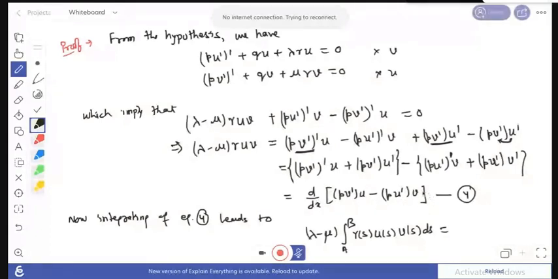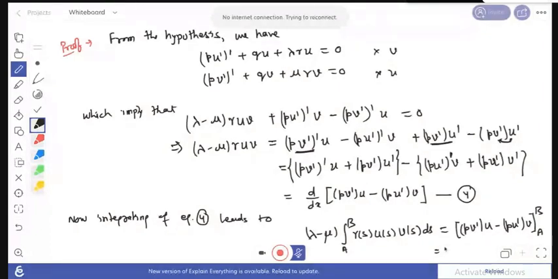Then putting in the limits, we can write directly p v prime u minus u prime v, with limits a to b. So here we integrate and put the limits a to b, and this becomes this thing. So what is the value of this thing? Here you take this.